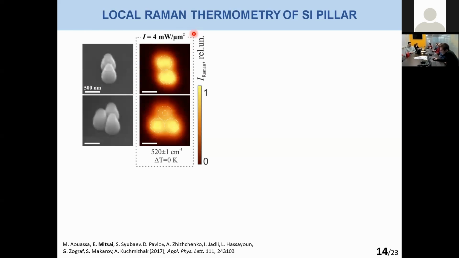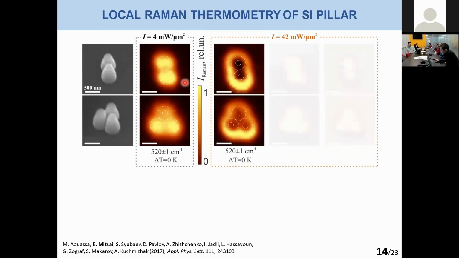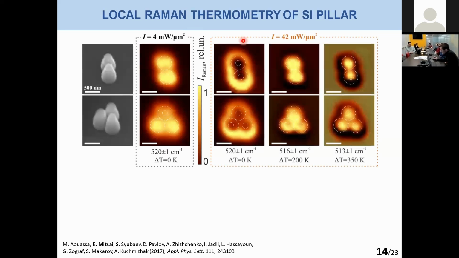Initially at low laser intensity, no features were found, and at higher values of laser intensity, the signal from unheated silicon is located at the outer boundaries of these pillars, and the signal of heated silicon is located more in the center zones.